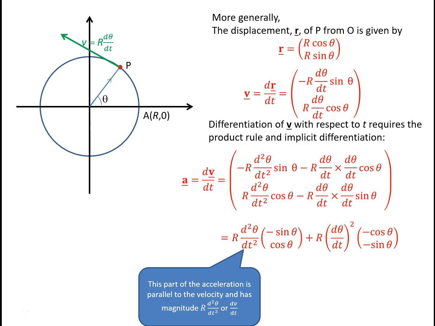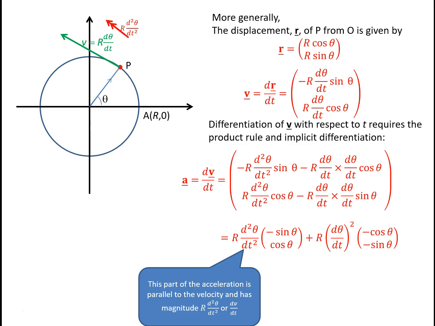And we can show this on our diagram as a tangential component of the acceleration of size r times d²θ/dt². We know that r times dθ/dt is the speed, so r times d²θ/dt² can be written simply as dv/dt.